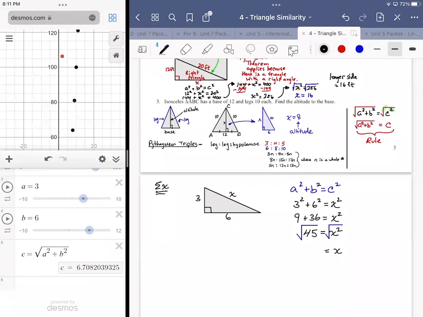So I break that down into the product of two factors, one of which is a perfect square. I could use my table, thinking about two numbers that would multiply to 45, one of which is a perfect square. The two numbers that multiply to 45 would be 9 and 5. And so we would get 3 radical 5. All right. So that would be the length of the hypotenuse, 3 radical 5.